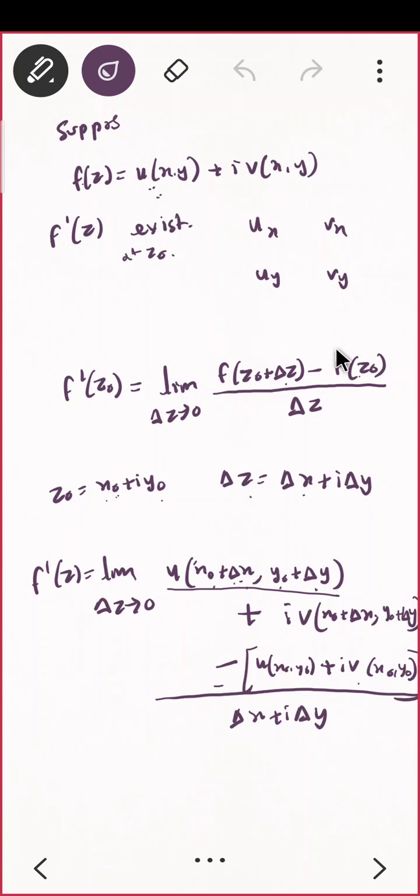If this limit exists as delta z tends to 0, then if you come along any path, the limit will be the same. The same thing I am going to use: I will be coming from the real axis and from the imaginary axis. So here it is delta x, here it is delta y. Now if this limit exists, correct, then what can I say?